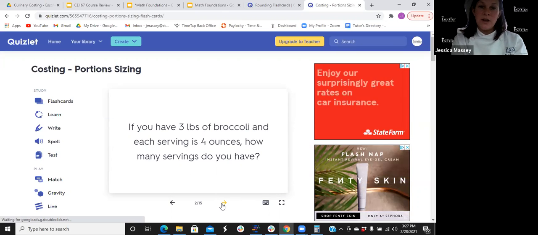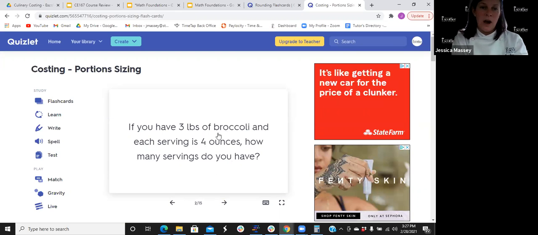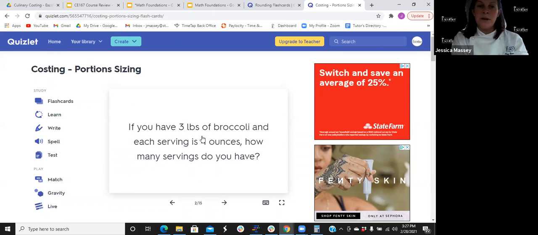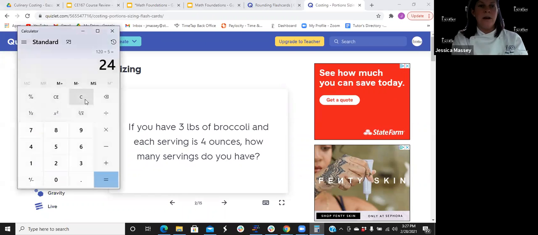So this is where you would have to convert your pounds first. Since we're talking 3 pounds of broccoli and our serving size is 4 ounces, your first step is to convert that 3 pounds to ounces. If 1 pound is 16 ounces, that's step 1, so it's kind of a two-parter. You take your 3 pounds times 16 ounces in a pound.